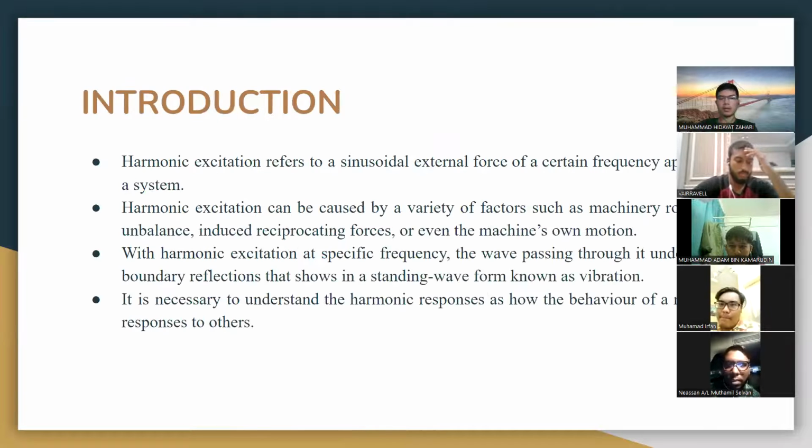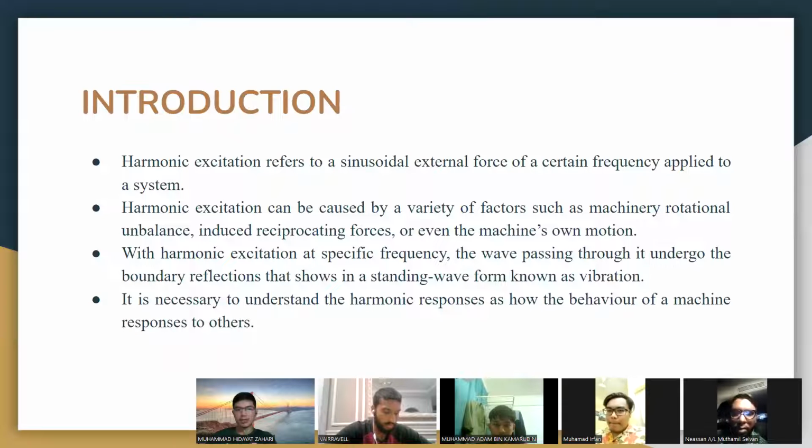For the introduction of the lab, harmonic excitation refers to a sinusoidal external force of a certain frequency applied to a system. Harmonic excitation can also be caused by a variety of factors such as machinery rotational unbalance, induced reciprocating force, or even the machine's own motion.